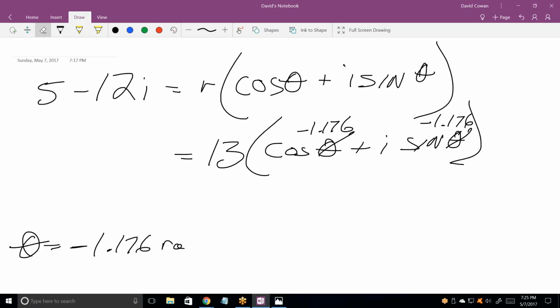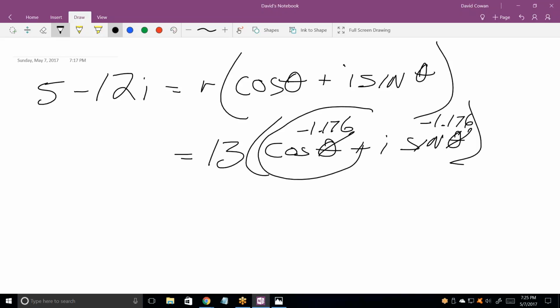Let's check to make sure that we're right. Figure out what that is, multiply it by 13. What do you get? Put your calculator in radians. 13 times cosine of minus 1.176 radians. 5.00006.